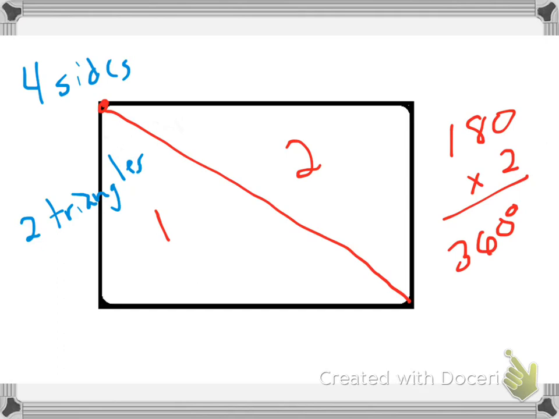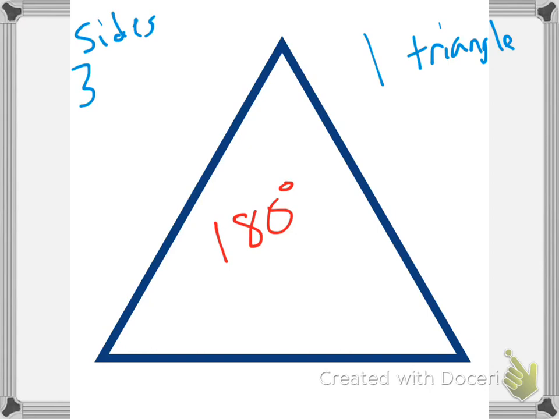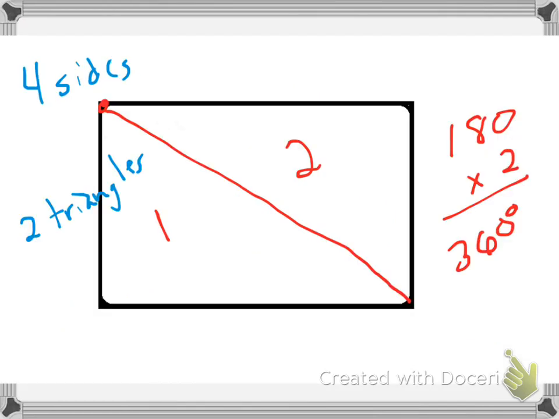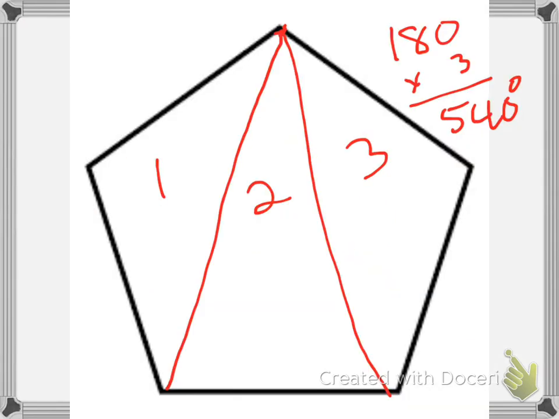See if you can develop a pattern between these two. So I have 3 sides, 1 triangle. I have 4 sides, 2 triangles. Okay, let's take a look at the pentagon. I have 5 sides, and then I have 3 triangles.